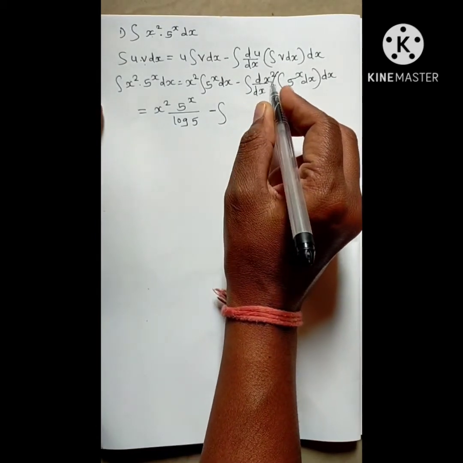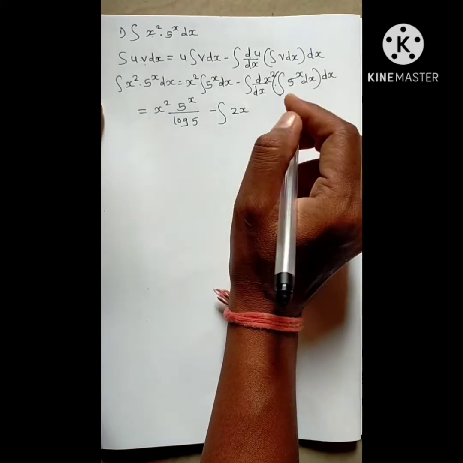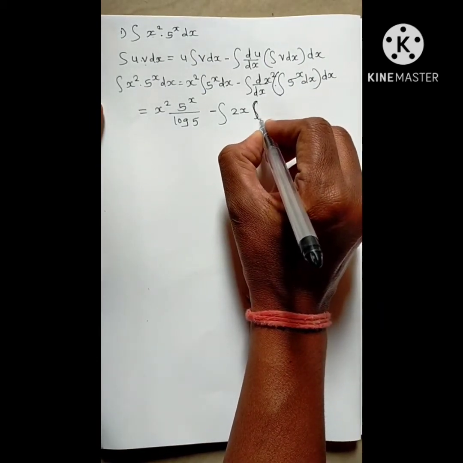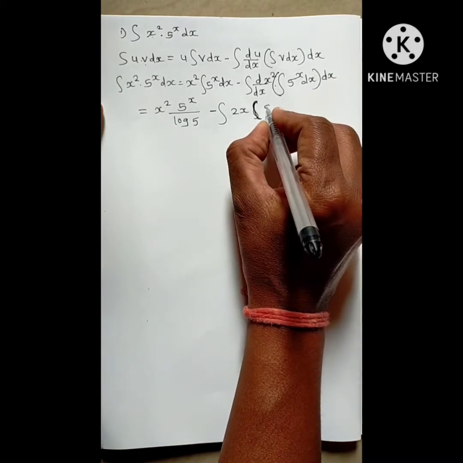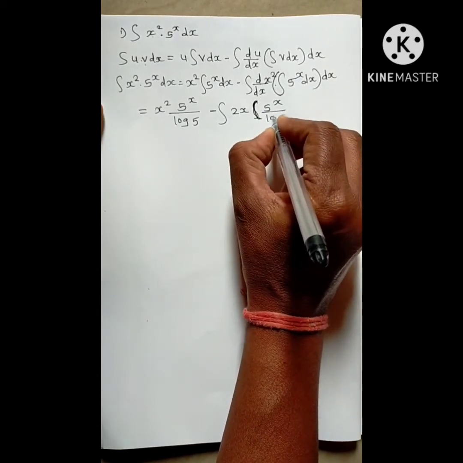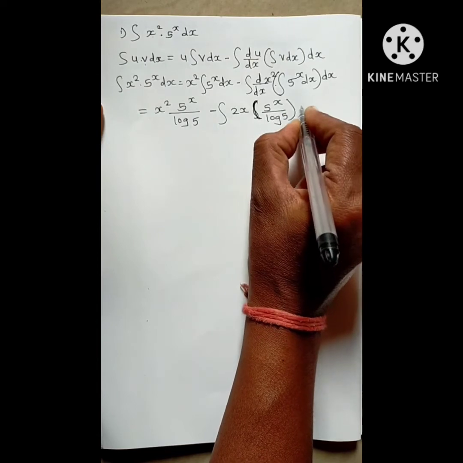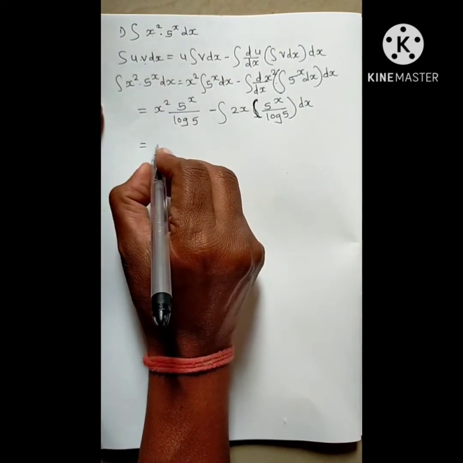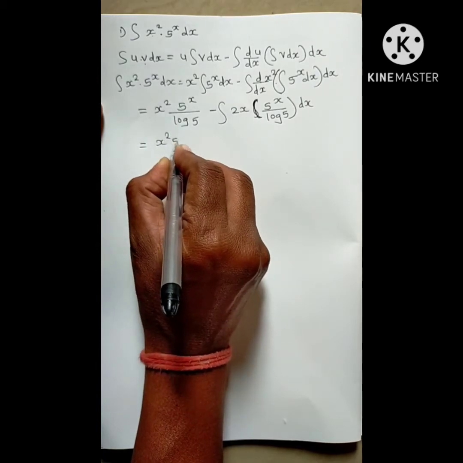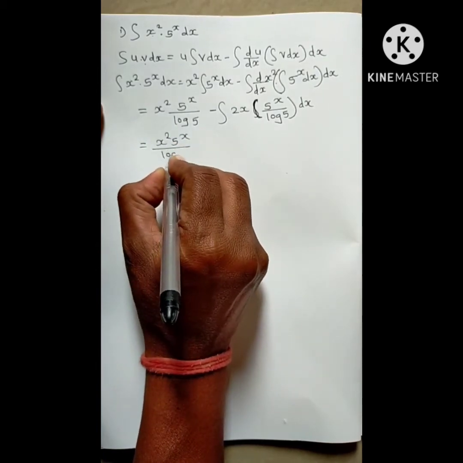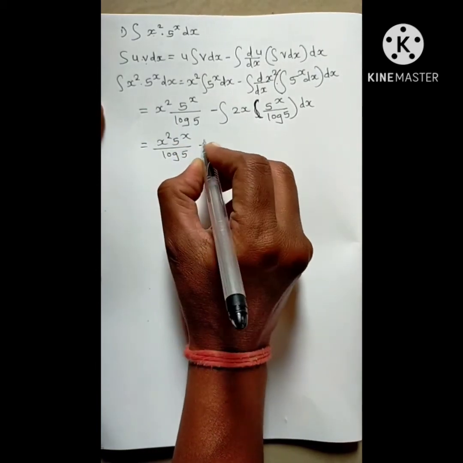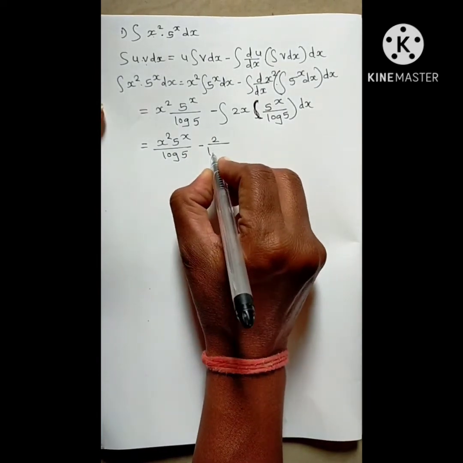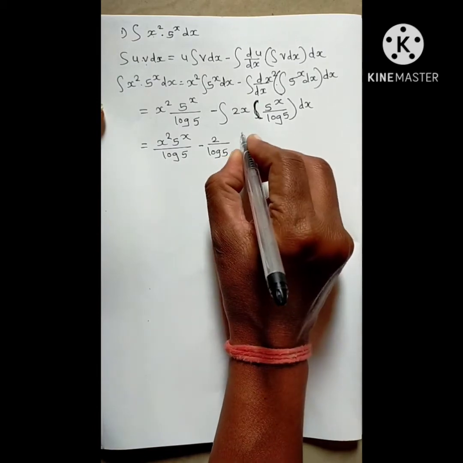integration. The derivative of x square is 2x. The value of this integration is 5 raised to x by log of 5 into dx, which is equal to x square 5 raised to x by log of 5 minus, taking the constant outside, 2 divided by log 5.